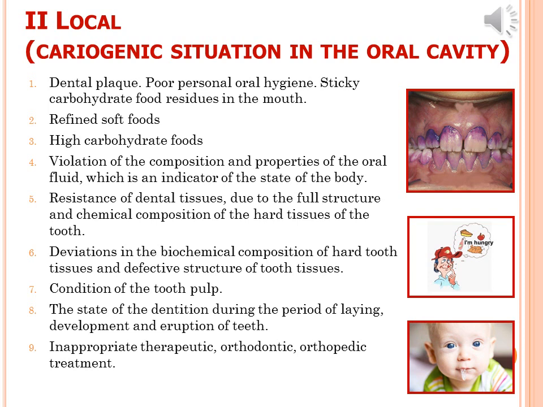There are tooth plaque, pathology of the composition and properties of saliva, poor individual oral hygiene, carbohydrate, sticky food, debris in the oral cavity, resistance of dental tissue, structure and chemical composition of hard tissue of the tooth, deviation in the biochemical composition of hard tooth tissue and pathological structure of tooth tissue, the condition of the tooth pulp, the condition of the dentition during the laying, development and teething, tartar, inappropriate therapeutic, orthodontic, orthopedic treatment.